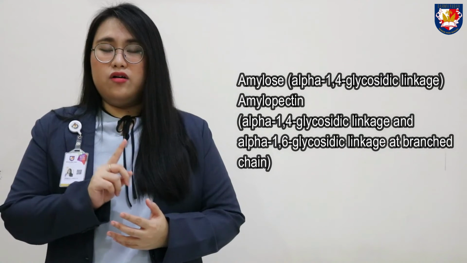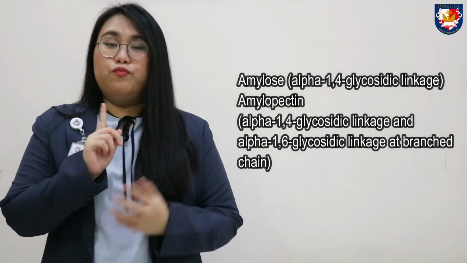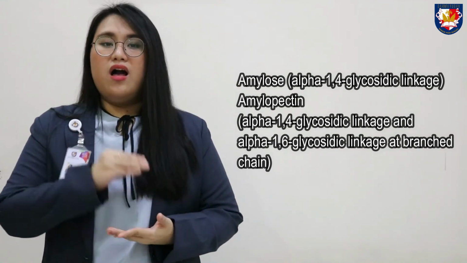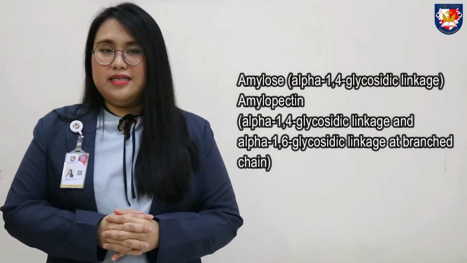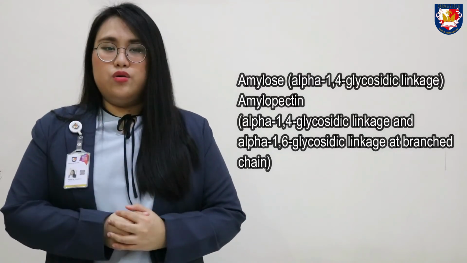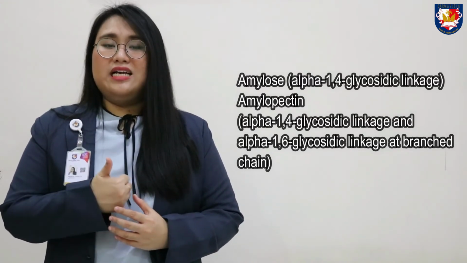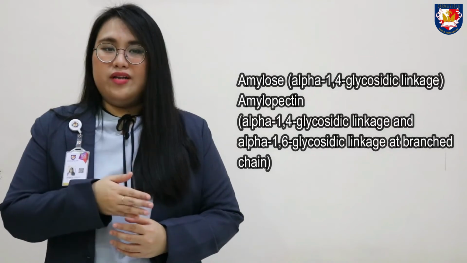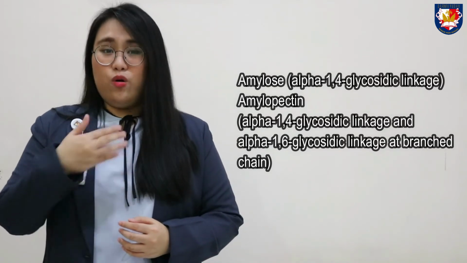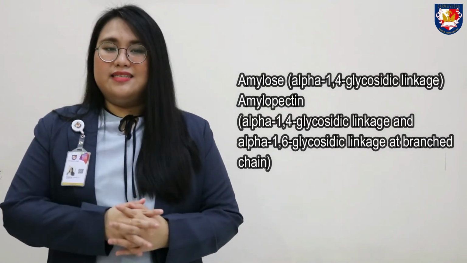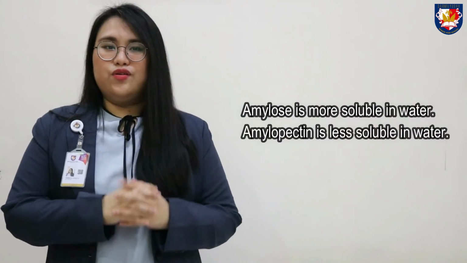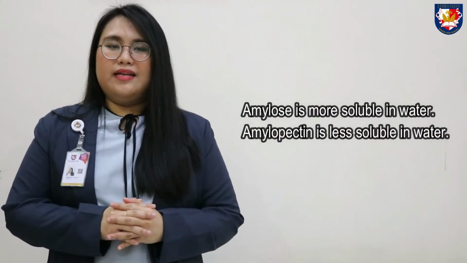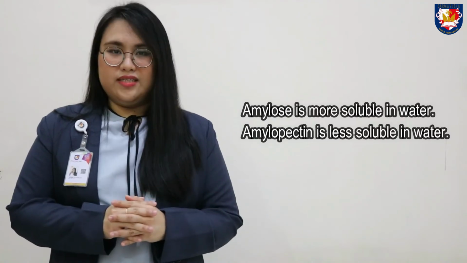Amylose consists of one bond, the alpha-1,4-glycosidic linkage, while amylopectin consists of two bonds: the alpha-1,4-glycosidic linkage, the same as amylose, but it also has an alpha-1,6-glycosidic linkage at the branch point. And the last difference is that amylose is more soluble in water, while amylopectin is less soluble in water.